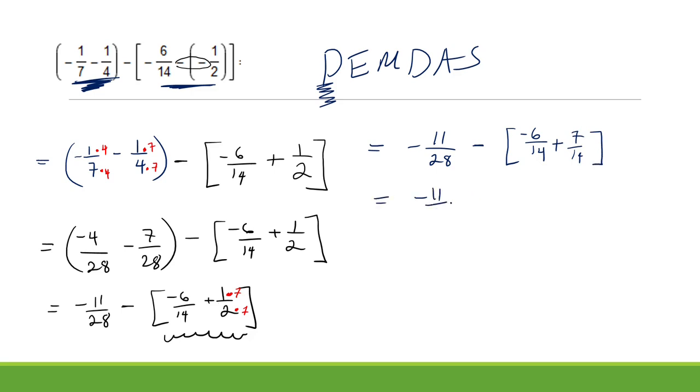We have negative 11 over 28 minus, now we still have to simplify this, so this simplifies to 1 over 14. I don't need the parentheses anymore. This is a subtraction, so we'll need common denominators again. Let's multiply the top and bottom by 2, and that's going to make it a denominator of 28.